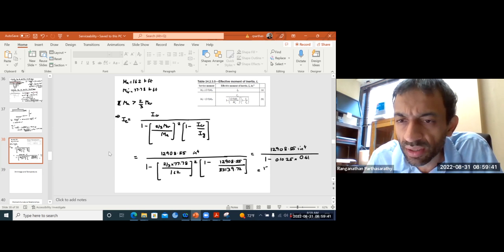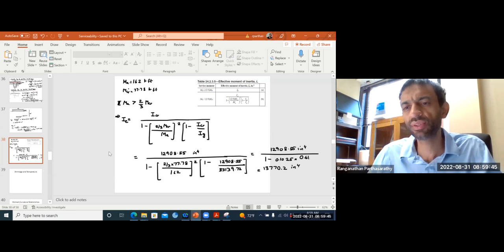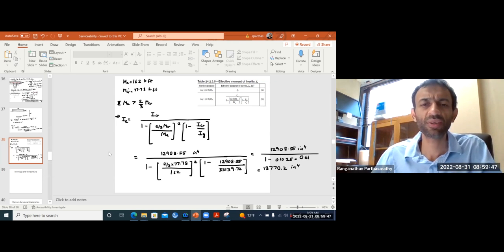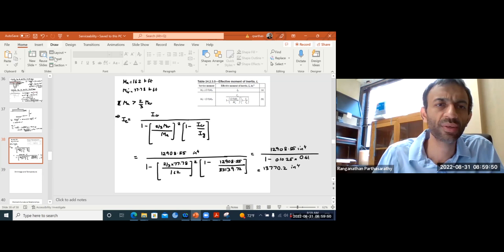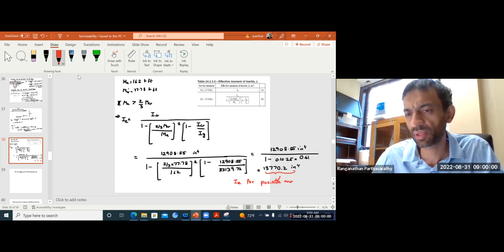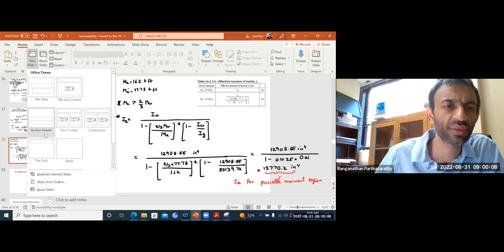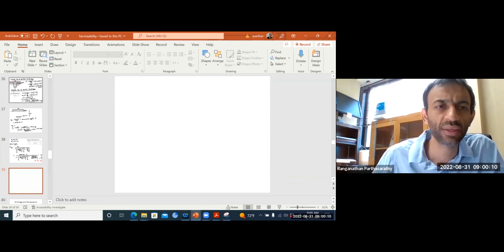So this is 13,770.2. This is your effective moment of inertia IE for the positive moment region. Now, how about the IE for the negative moment region?